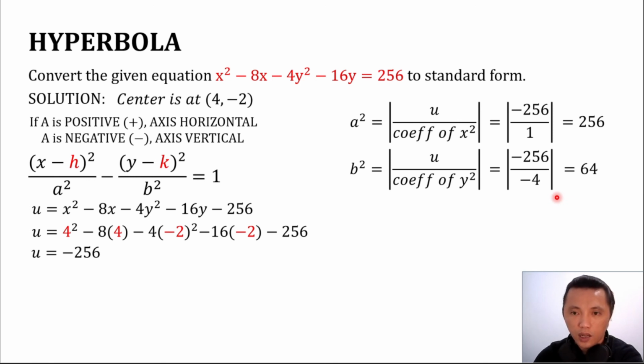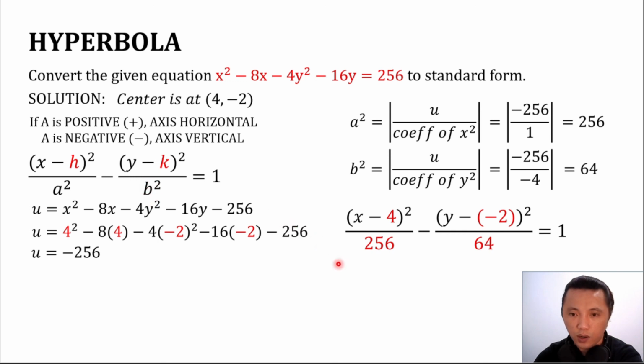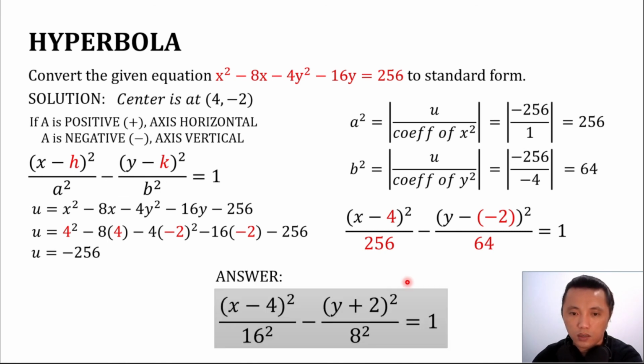So the standard form, so substitute a squared and b squared here, you have x minus 4 squared all over 256 minus y minus -2 quantity squared all over 64 is equal to 1. So the answer is equal to this one.